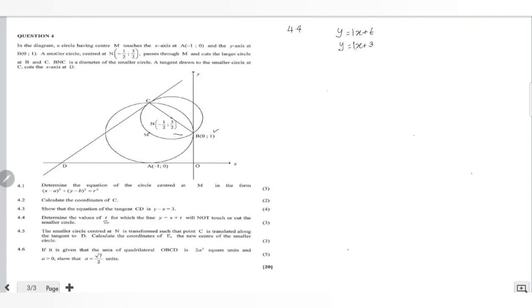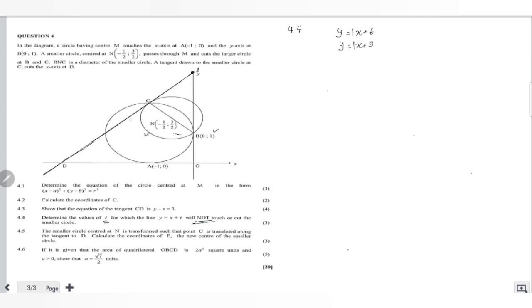So the line with the gradient 1, this line, look at here on the diagram, this line is tangent. Tangent means touch only one point. If you touch only one point, what is the t value? T value is 3. T value is what? Y-intercept. So don't consider that line, because here the condition is will not touch, but at the same time same gradient.